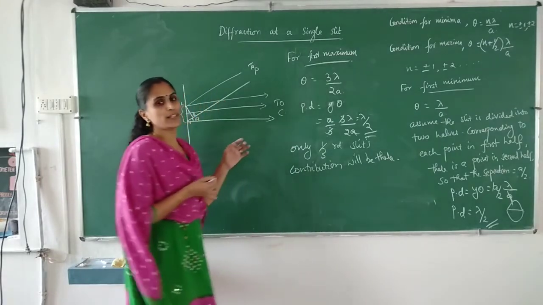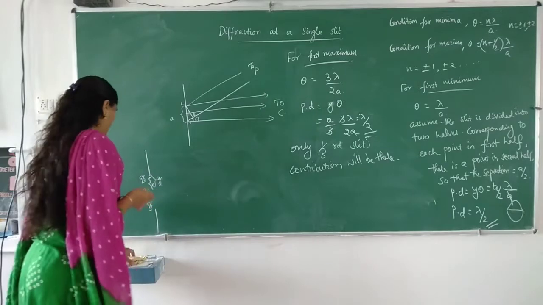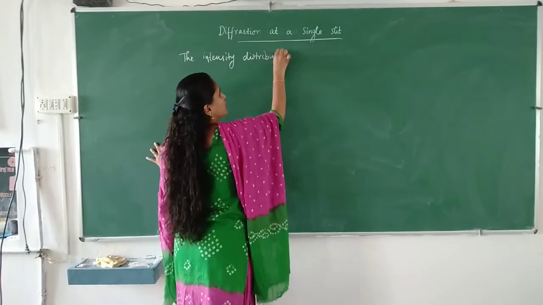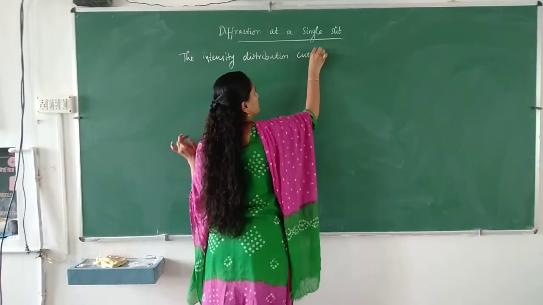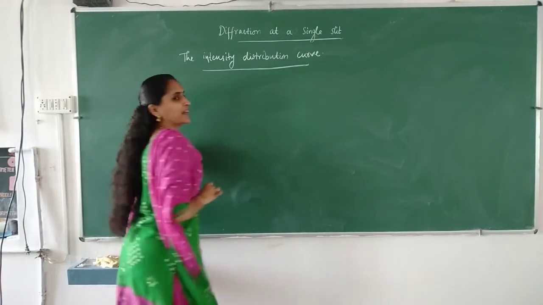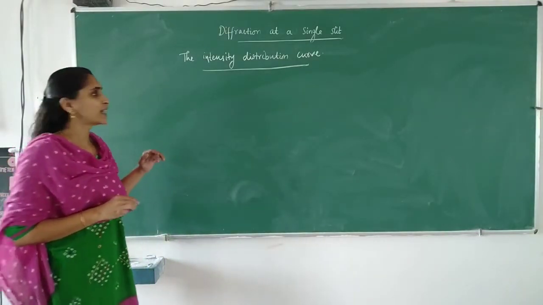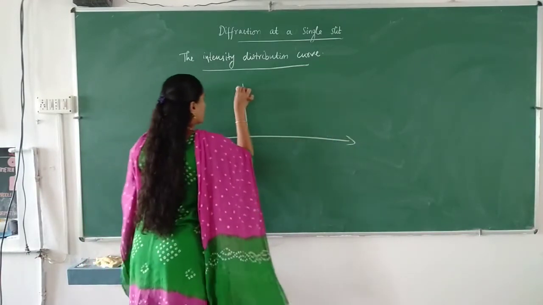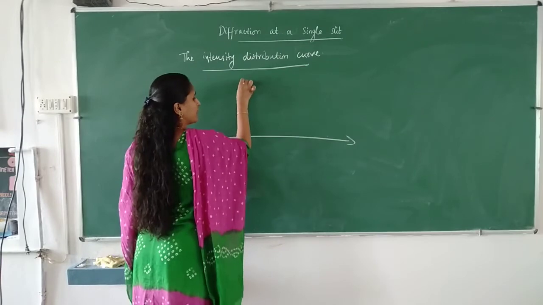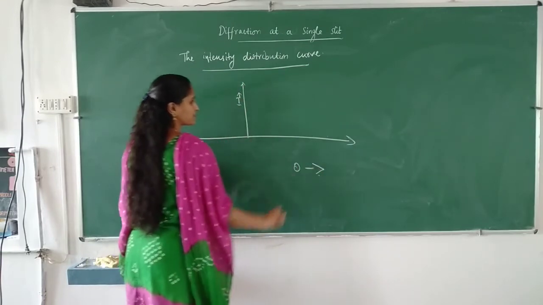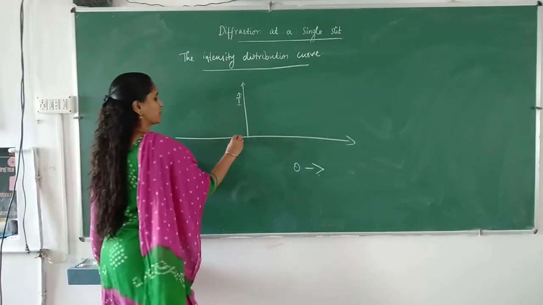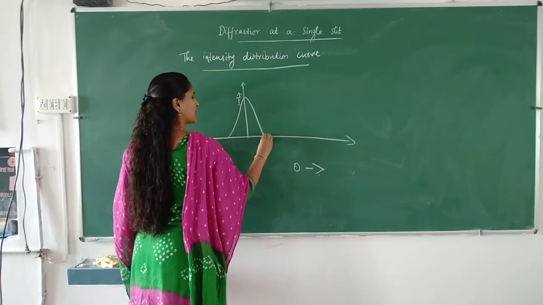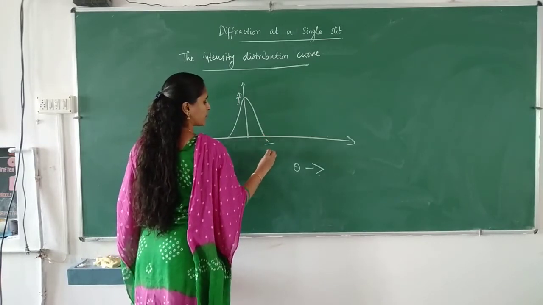Now we can plot the intensity distribution curve. Here we are taking a graph between intensity and angle. So the central maximum will be of maximum intensity, which we already discussed. The first minimum corresponds to lambda by a.